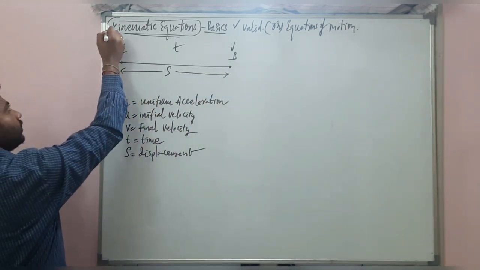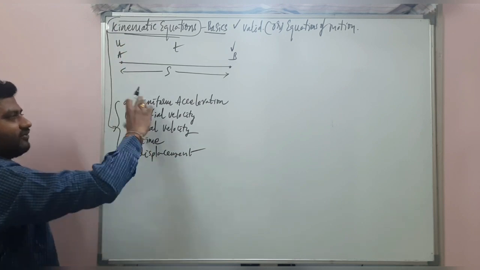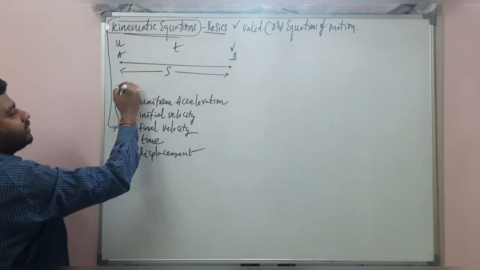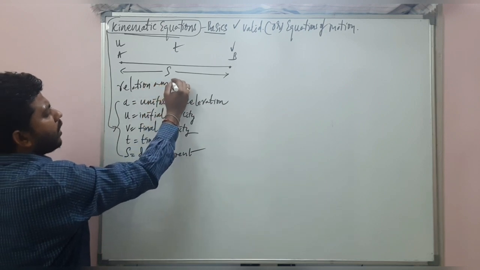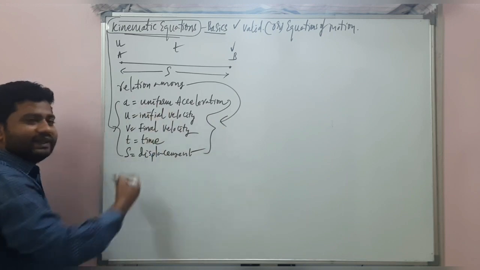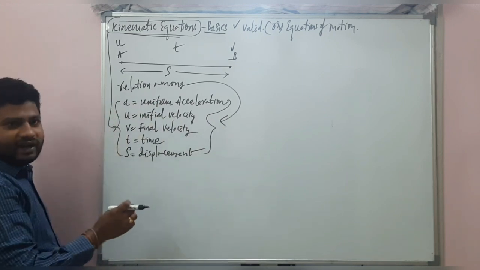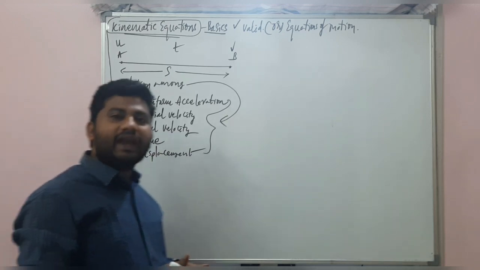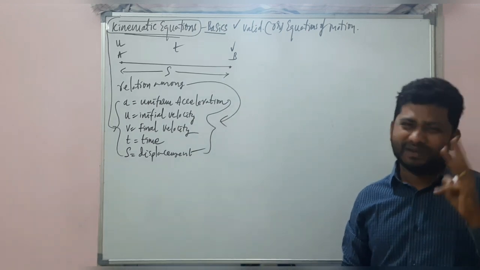They give the relationship among all these 5 physical quantities: uniform acceleration, initial velocity, final velocity, time and displacement. How many kinematic equations do we have? We have 3 kinematic equations majorly.